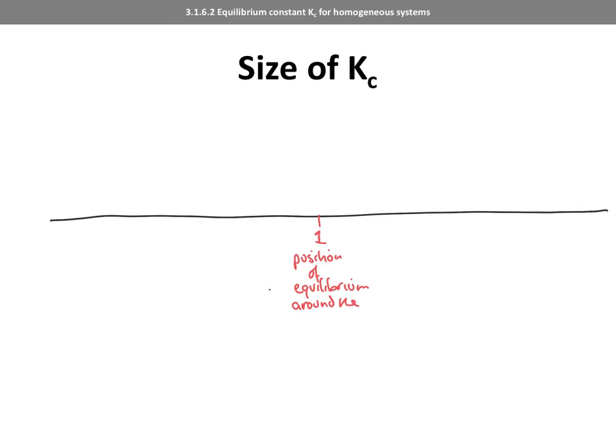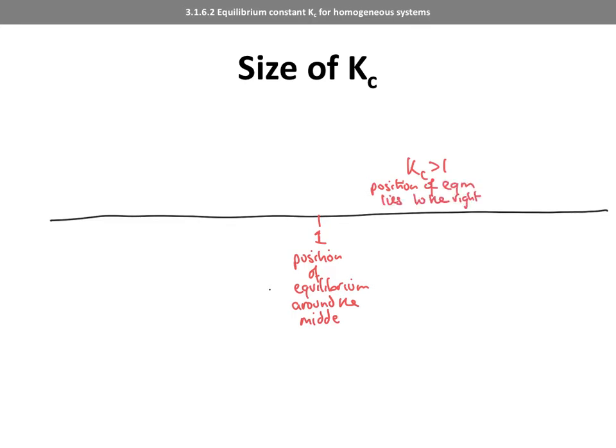If we think that Kc is greater than 1, then what that's telling us is that the numerator is greater than the denominator, and the numerator is the products, the denominator is the reactants. So the position of equilibrium lies somewhere to the right.